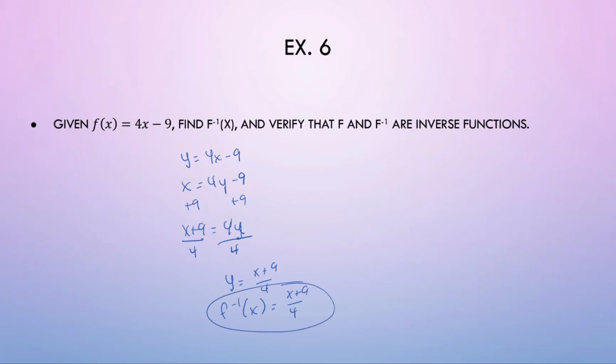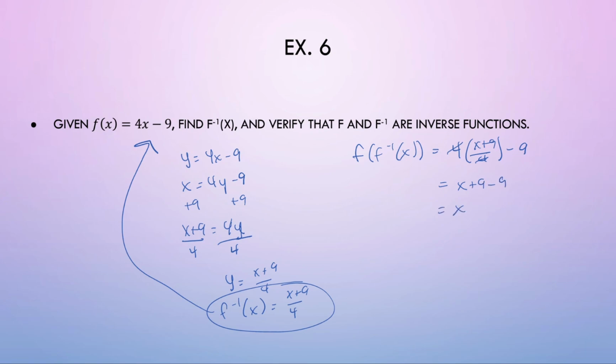Now, to verify that, we can take that and plug it into the original equation. So f of f inverse of x is going to be 4 times (x plus 9) over 4, minus 9. The 4's cancel out, and this is x plus 9 minus 9, which is just x.